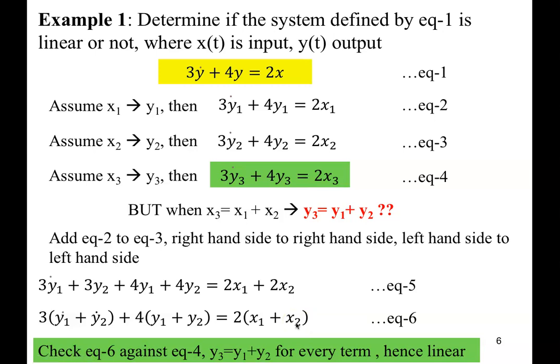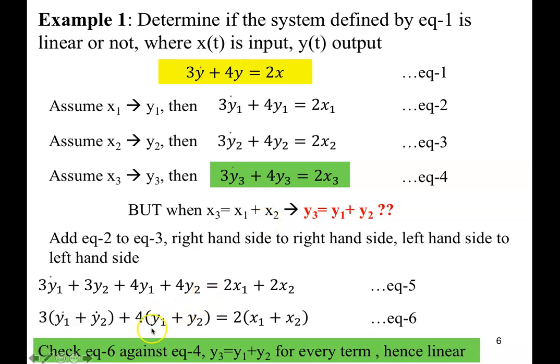Now, equation number 6 is useful because I have x1 plus x2 on the right-hand side. That's my assumed x3. So I need to see whether on the left-hand side I have y3 as well.